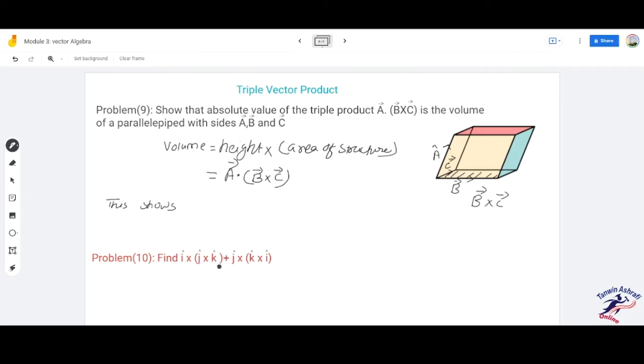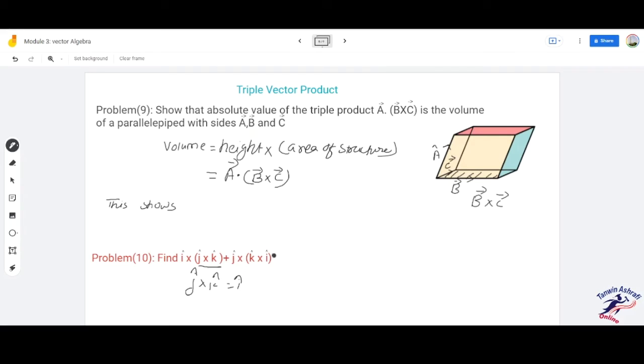Now as we already know the cross product equation, we can find i cross j cross k plus j cross k cross i. As you can see, j cross k we have already learned, and j cross k is nothing but i cap.